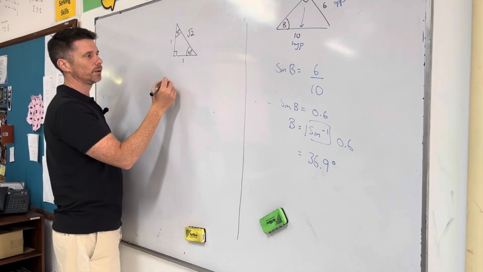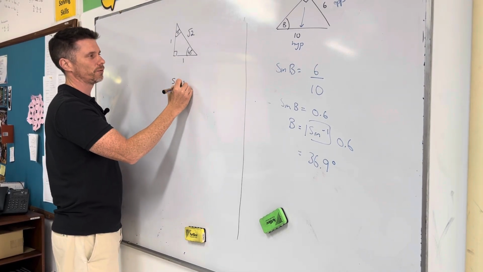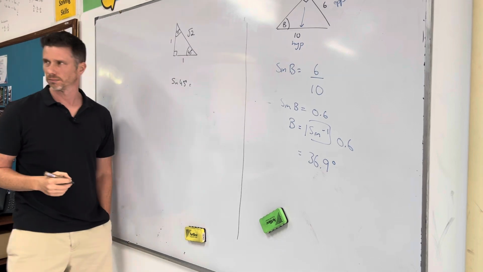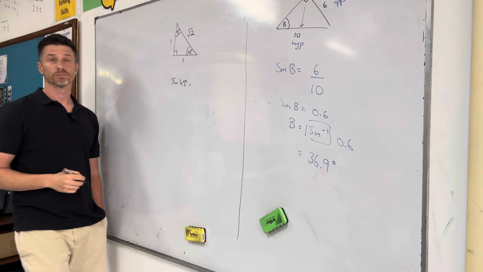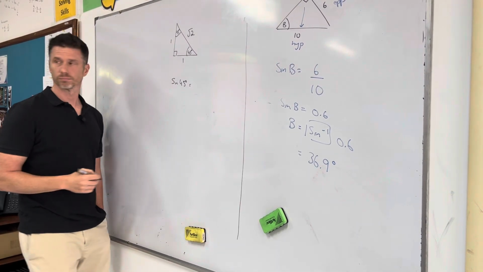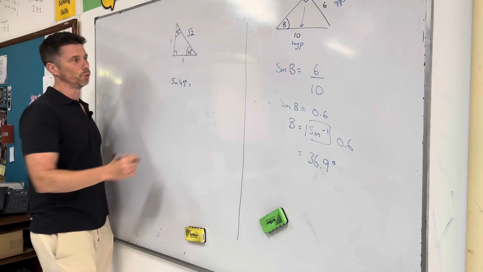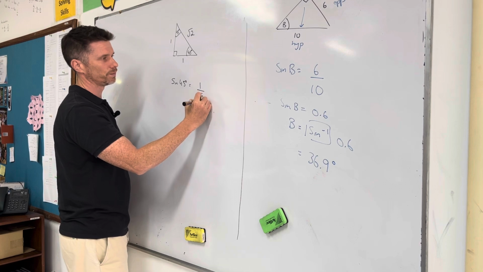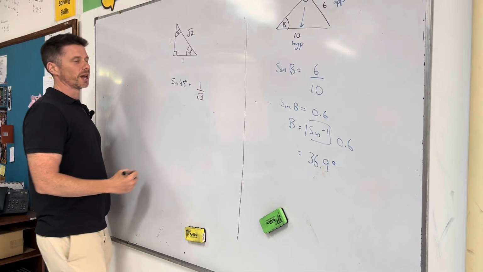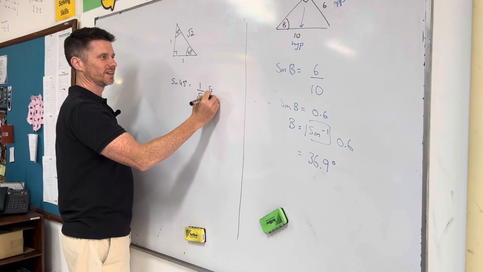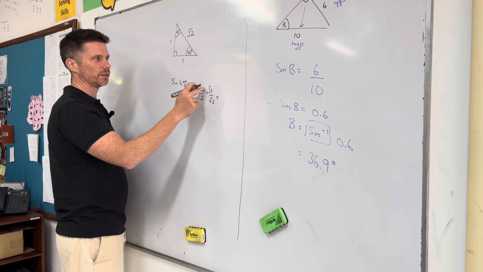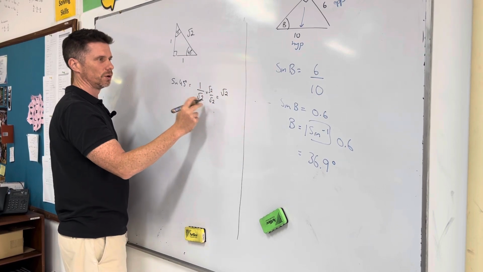So what is the sine of 45 degrees based off this triangle? Sine of 45 degrees. 1 over root 2. And if I were to rationalize the denominator, that becomes root 2 over 2.